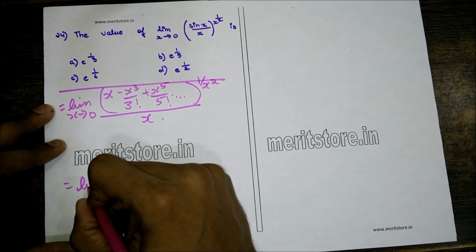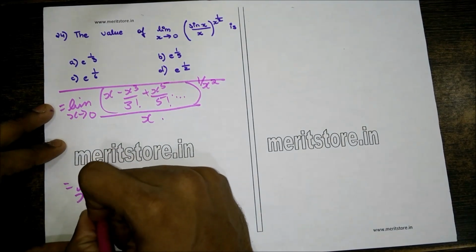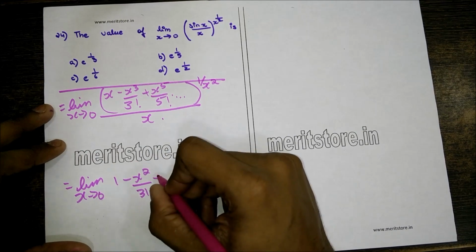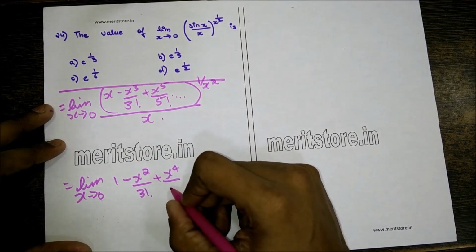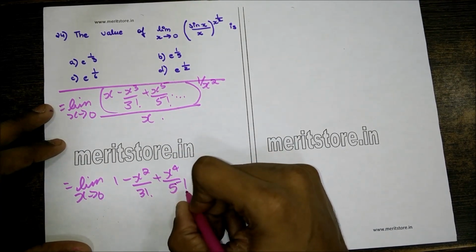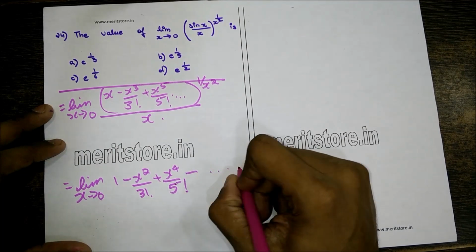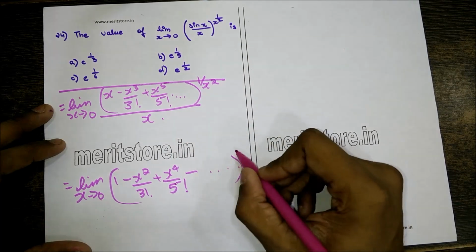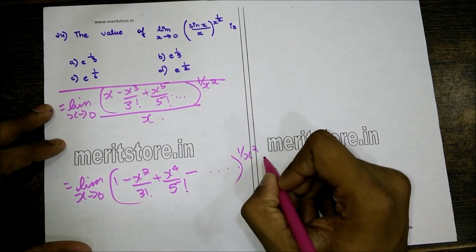Now we write limit of x tends to 0 (1 minus x square by 3 factorial plus x raised to 4 by 5 factorial minus so and so), dividing each term by x, raised to 1 by x square.